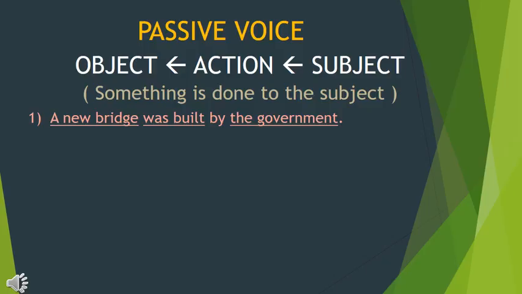In passive voice, object takes the place of subject, subject takes the place of object. Now you see, a new bridge is an object in active voice, but here it comes as a subject. And also, the government is a subject in active, but here it comes as an object. So, in passive, it is in reverse order.